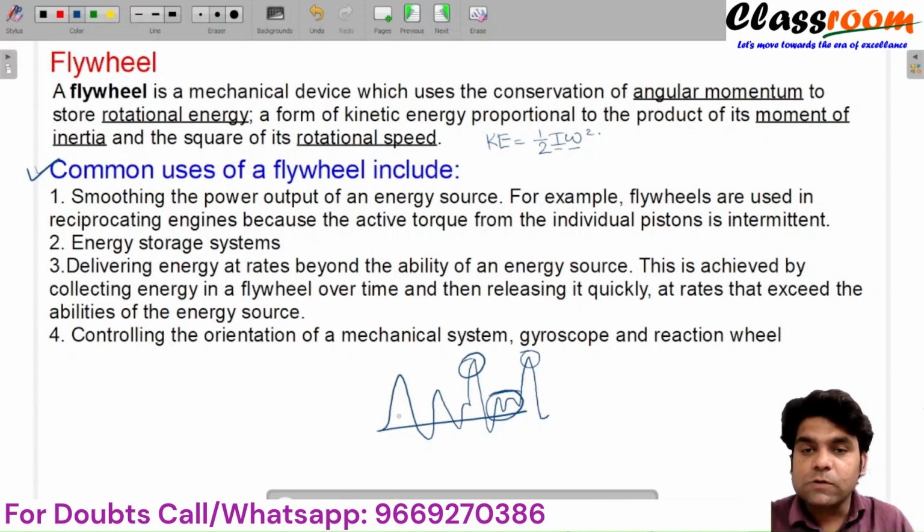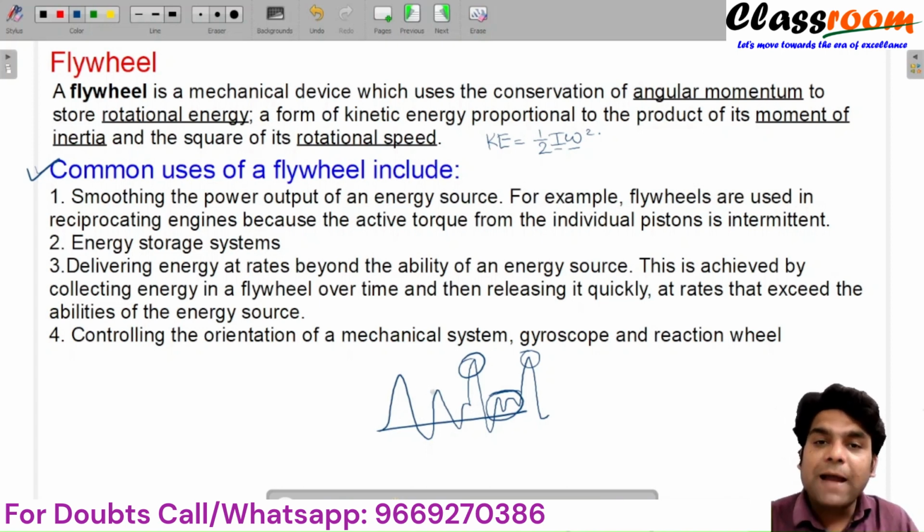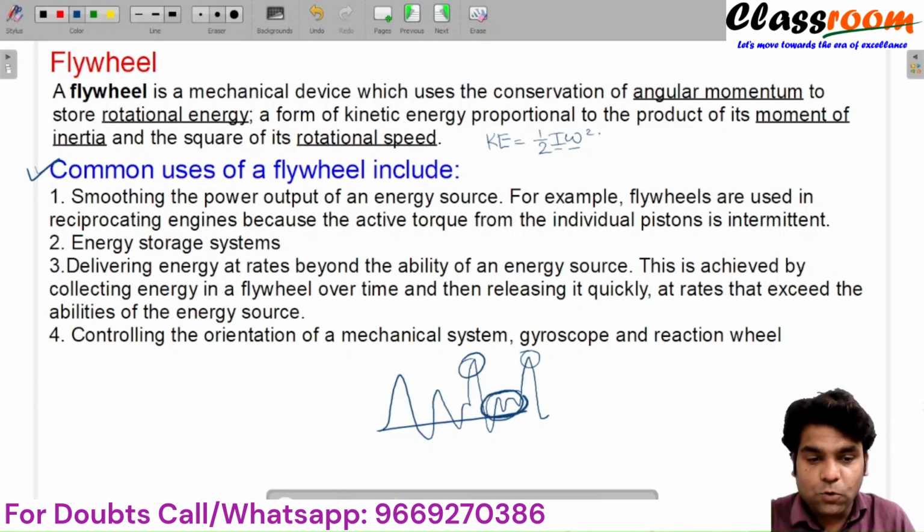So in other strokes we need some energy to run the system because of the resisting torque or the frictional resistance involved in the engine. To run the engine we need some energy. In these low energy strokes or low energy portions, this energy is supplied by the flywheel. So flywheel smoothens or reduces the fluctuations of energy in the engine during a cycle.